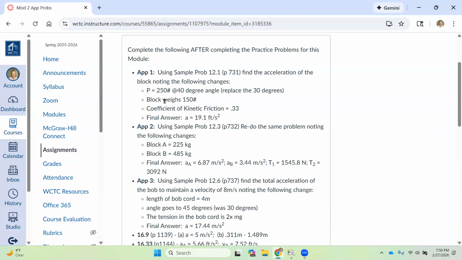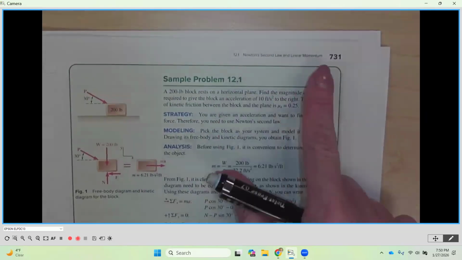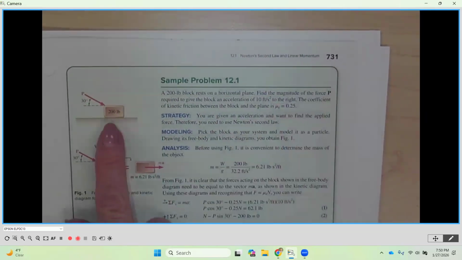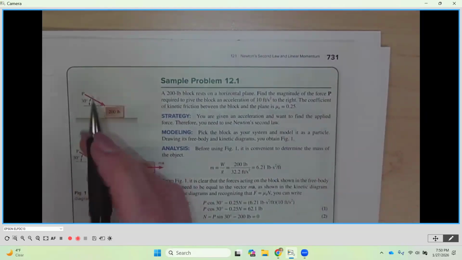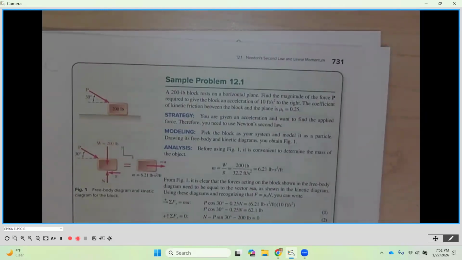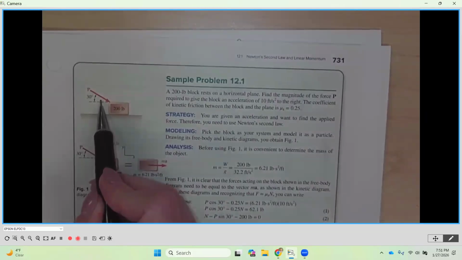So problem 12.1 on page 731, this is looking at that block. Now, in this case, we had to solve for P. I'm giving you, what is that value? So in this problem, P is 250 pounds.